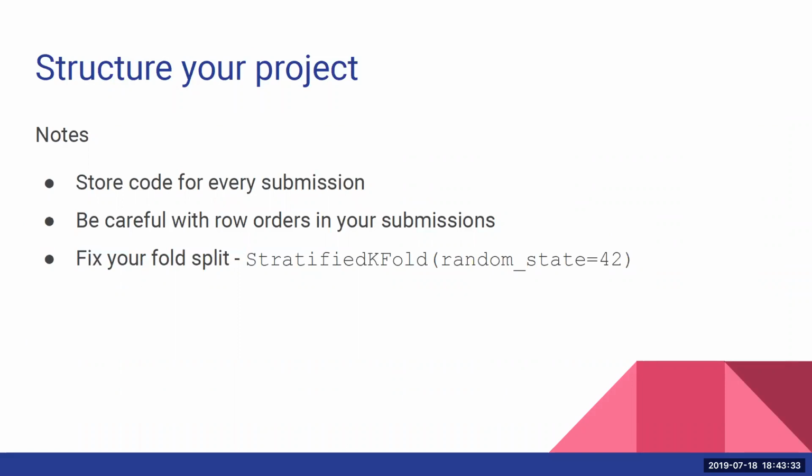So as I mentioned, you need to store everything. It's very important if you want to try to win something. Be very careful with the row orders in your submissions, because sometimes if you split your data, for example, apply the stratified k-fold method, and if you don't fix random state, it will produce different splits all the time.